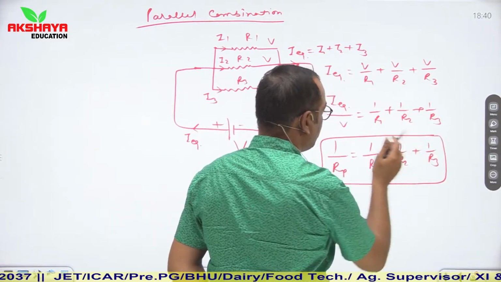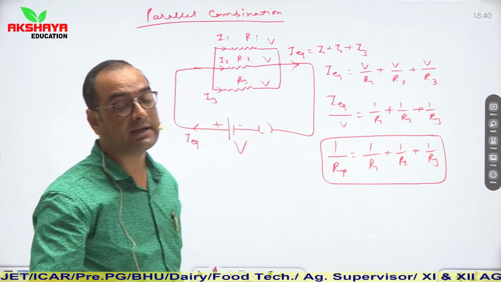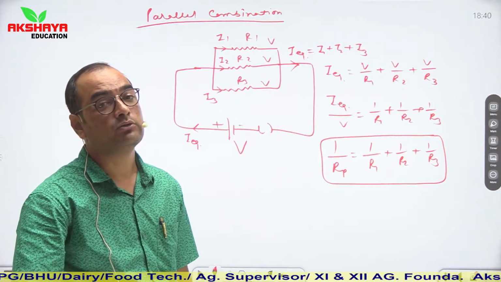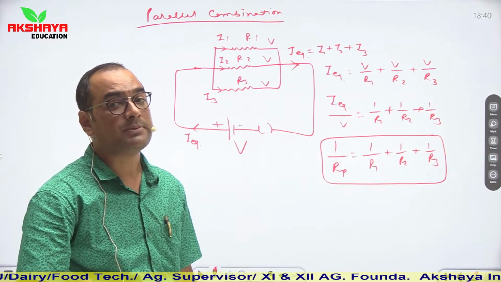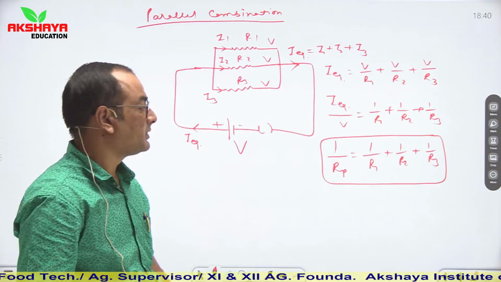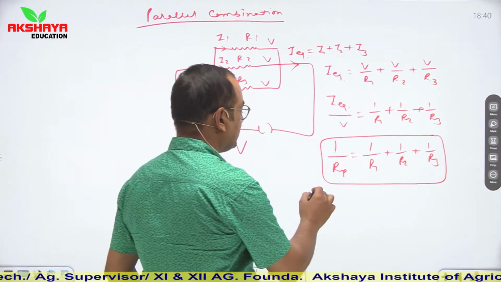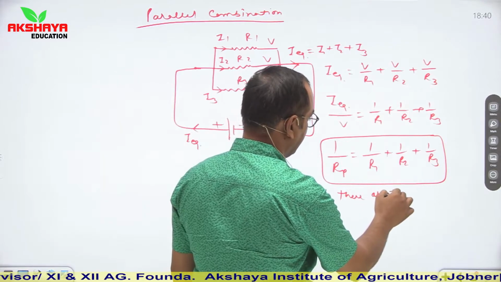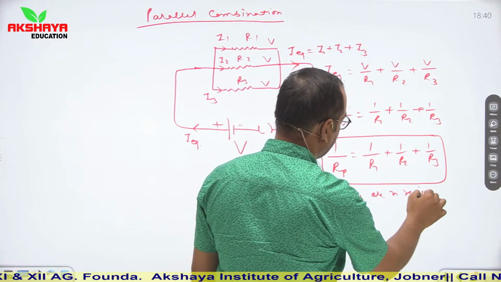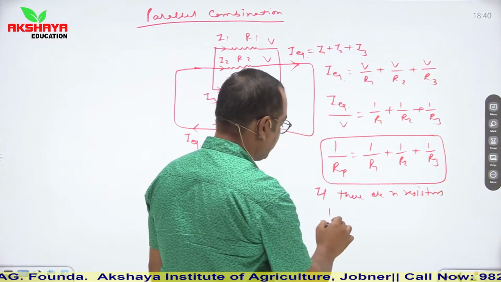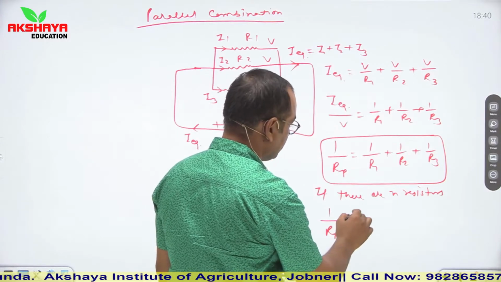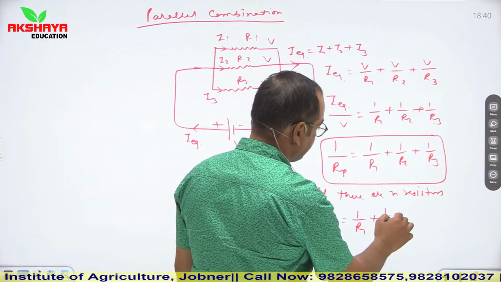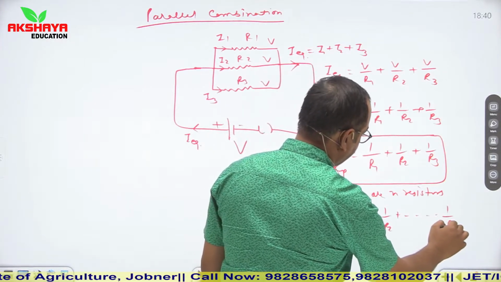So in parallel combination, we can say that reciprocal of equivalent resistance is equal to algebraic sum of reciprocal of individual resistances. Clear? So if there are n resistors, then we can say that 1 upon Rp is equal to 1 upon R1 plus 1 upon R2 plus up to 1 upon Rn.